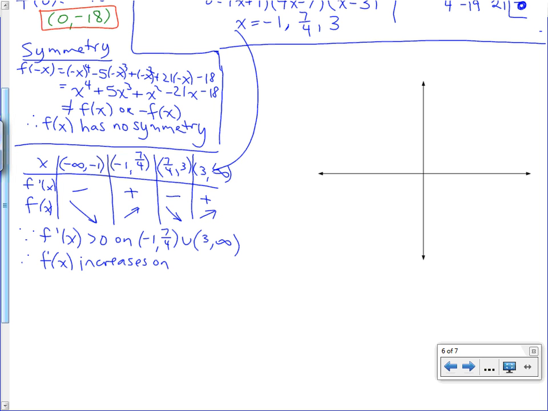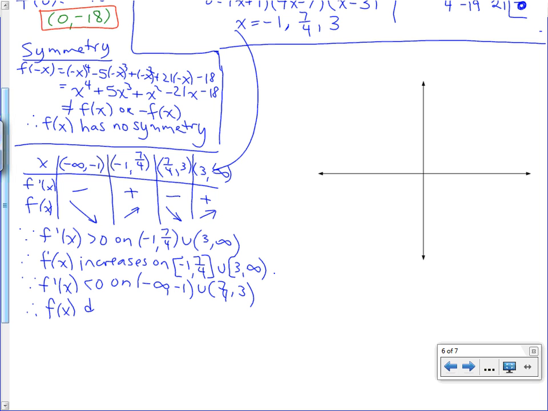Hopefully I've locked this into your brains: when you write the intervals, close them up except for infinity. So -1 to 7/4, 3 to infinity. Since f prime at x is less than 0 on negative infinity to negative 1, 7/4 to 3, therefore f at x decreases on negative infinity to negative 1, 7/4 to 3.